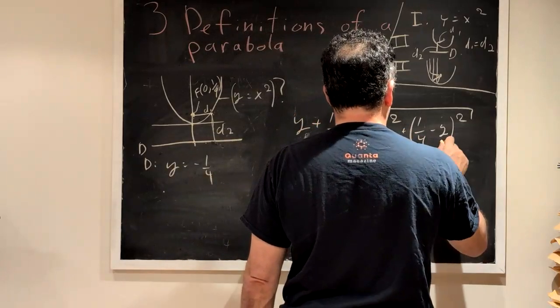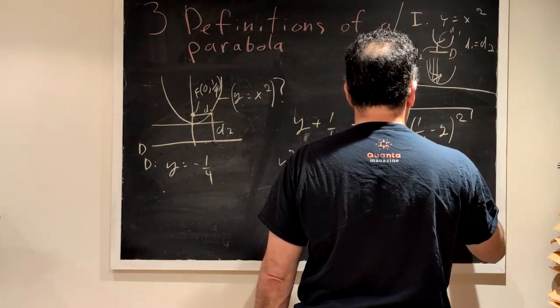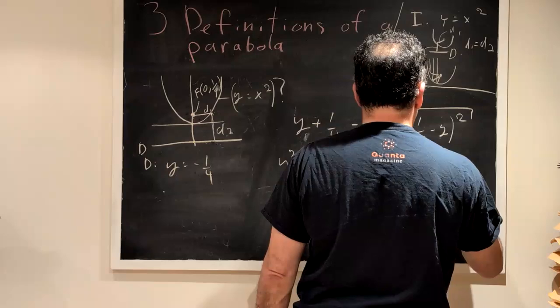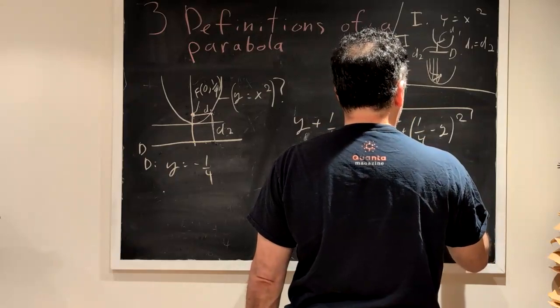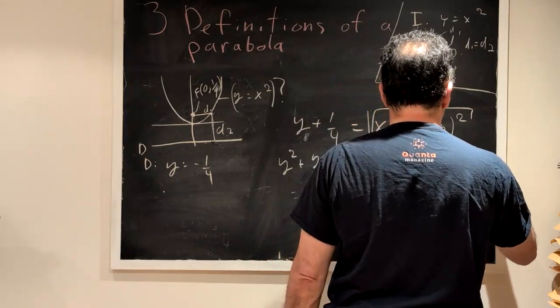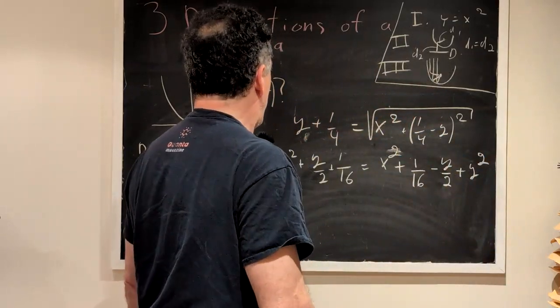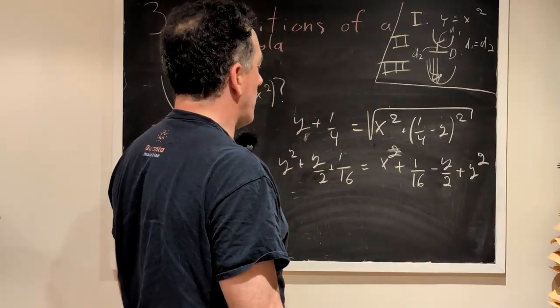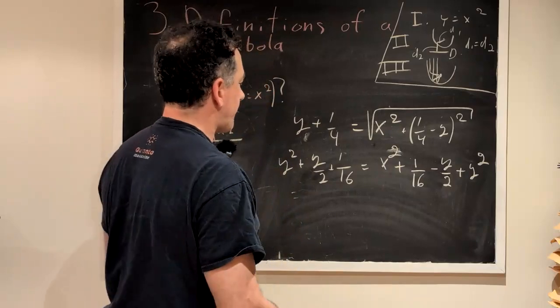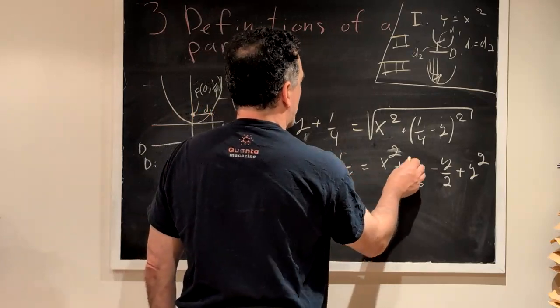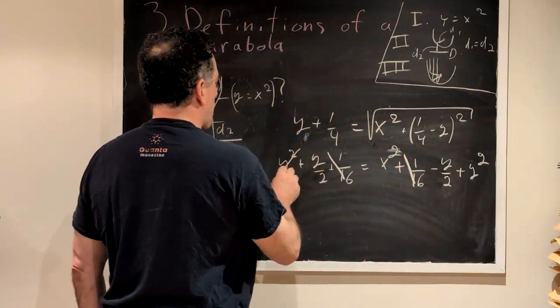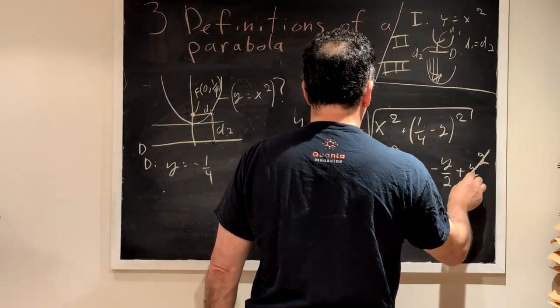1/16 minus y over 2 and plus y squared. And now we will see that a bunch of things cancel out. The 1/16 will cancel out. The y squared will cancel out.